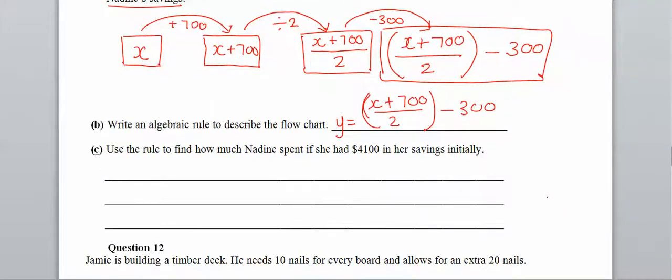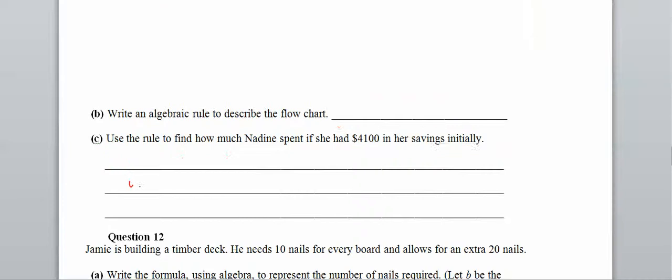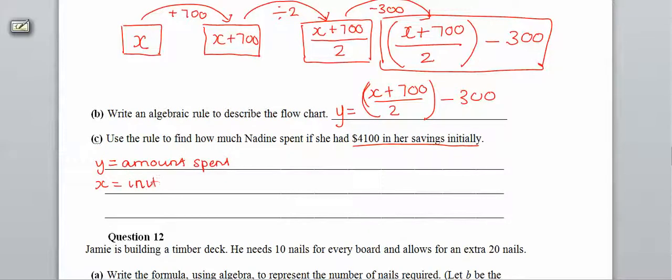And now we'll move on to C. Use the rule to find how much Nadine has spent if she had $4,100 in her savings initially. Okay, so we just have to remember what our pronumerals stand for here. So Y equals the amount spent, and X equals initial savings.